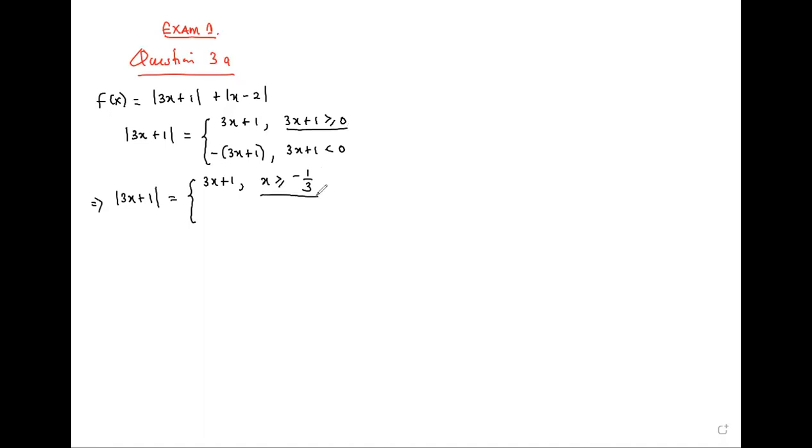And then you expand to negative 3x minus 1 when this is less than 0. So when you solve 3x plus 1 less than 0, you get 3x is less than negative 1. Divide by 3, so x is less than negative 1 over 3.